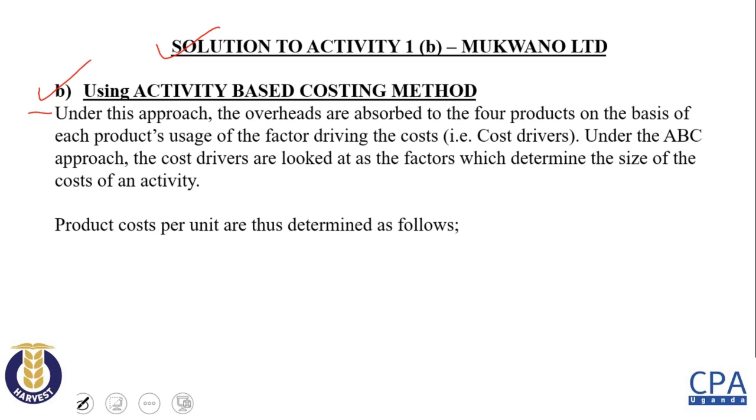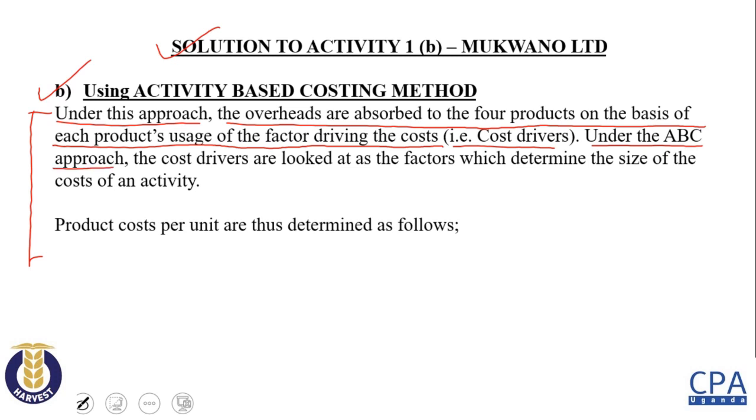In the tutorial note, I emphasize that under this approach, the overheads are absorbed to the products on the basis of each product's usage of the factors driving the costs, which we have already discussed as cost drivers. Under ABC, the cost drivers are looked at as the factors which determine the size of the costs of those activities.